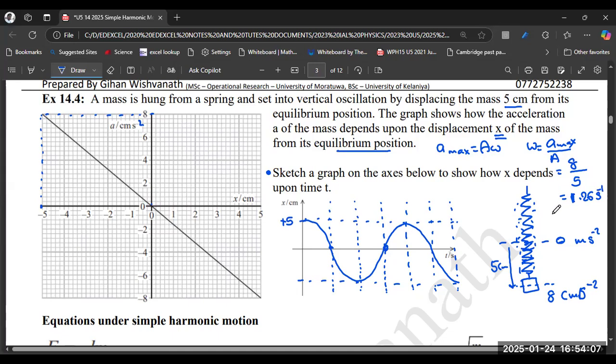Then from that I can find the time period, 2 pi over T, which is 2 pi divided by 1.26. It's 1.6.